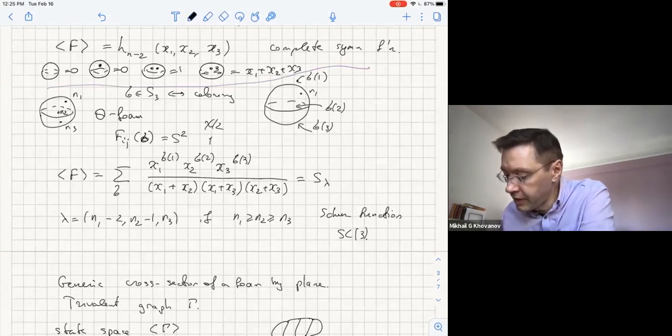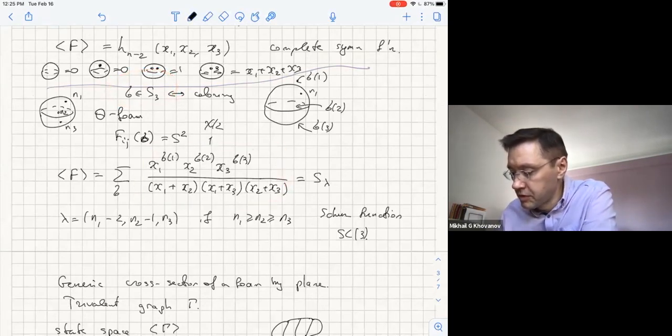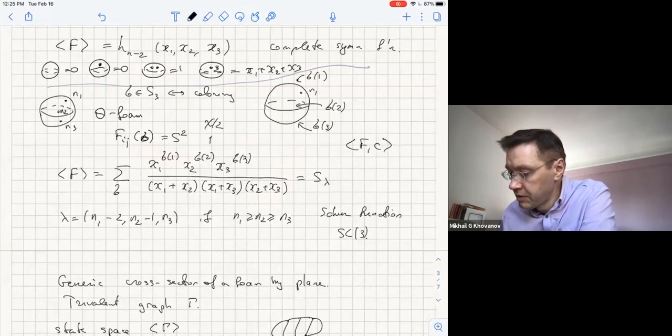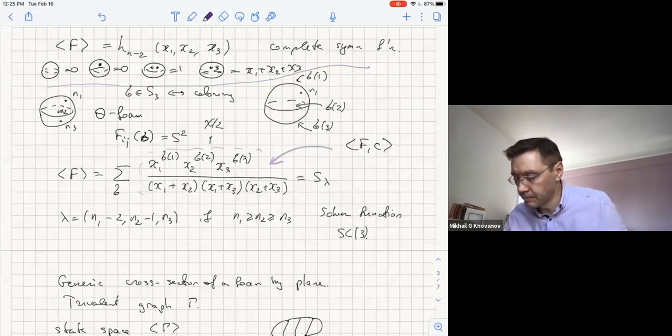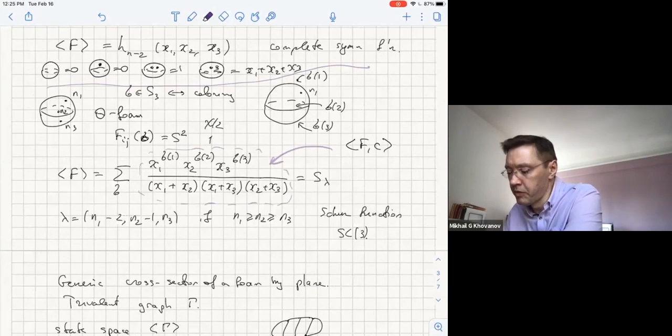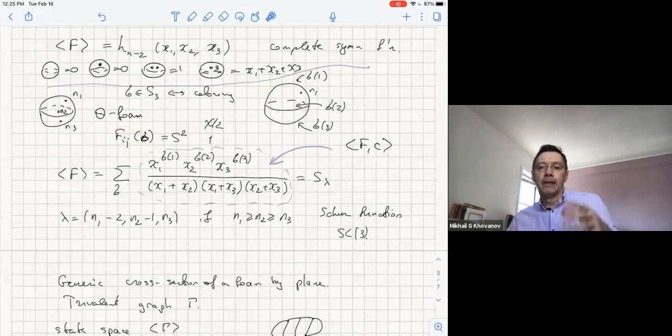So for the coloring given by sigma, what's the evaluation? Here I should put F sigma. For a given sigma, we claim that this is the evaluation. So why is that? What are the surfaces Fij of sigma? In this example, there's going to be one disk of each color for colors 1, 2, and 3.